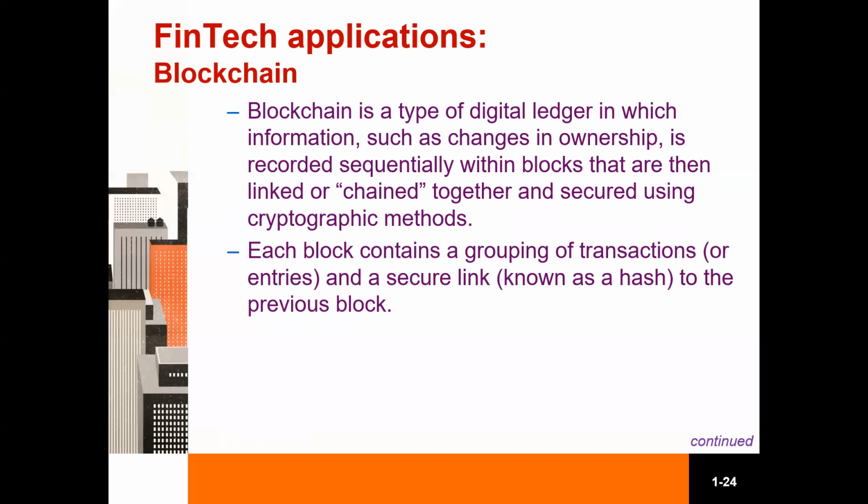Each block contains a grouping of transactions and a secure link to the previous block. New transactions are inserted into the chain only after validation via a consensus mechanism in which authorized members agree on the transaction and the preceding order or history in which previous transactions have occurred.